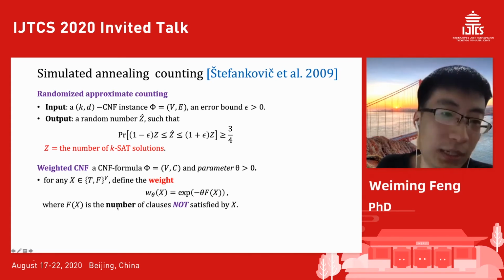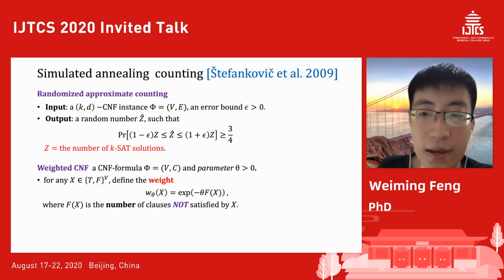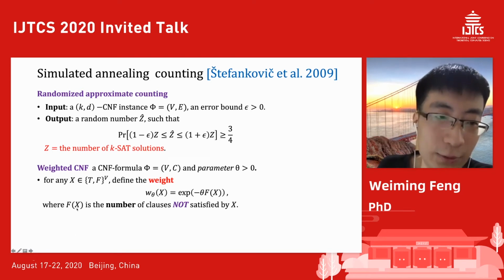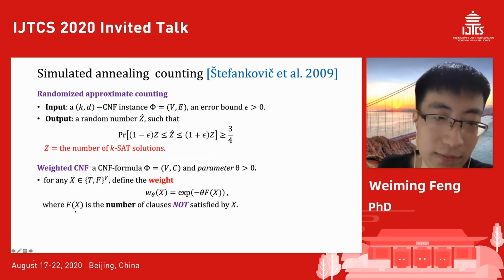Here f(x) denotes the number of clauses that are not satisfied by x. So if x is a satisfying assignment, f(x) equals 0 and the weight of x is 1, and if x is not a satisfying assignment, f(x) is positive, but x still has a positive weight.